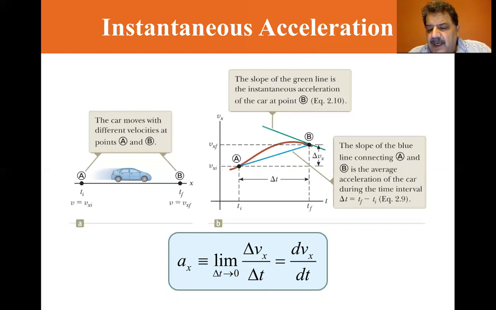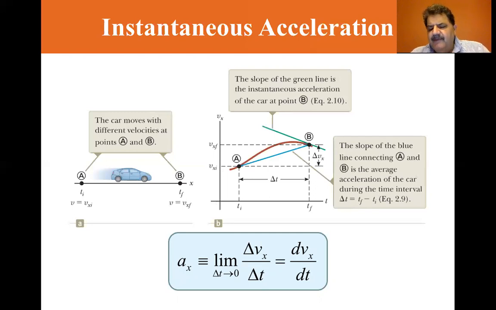The slope of the green line, figure B, is the instantaneous acceleration at point B. Note the graph is a velocity versus time graph, not the position versus time graph. The velocity of a moving particle equals the slope at a point on the particle's x versus t graph, the position versus time graph. The acceleration of the particle is the slope at a point on the particle's velocity versus time graph.